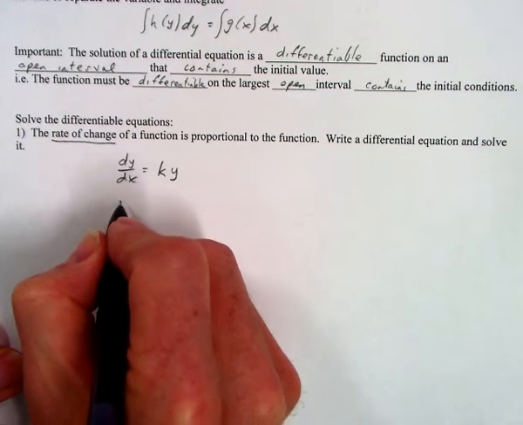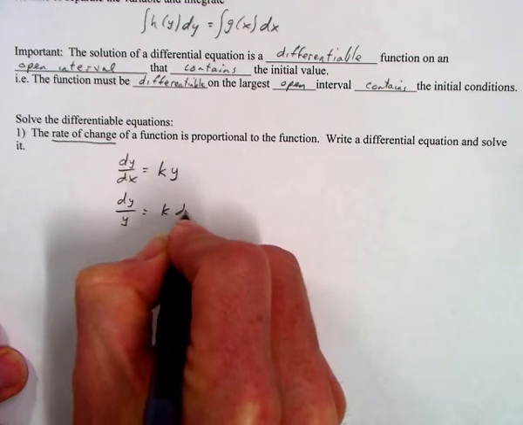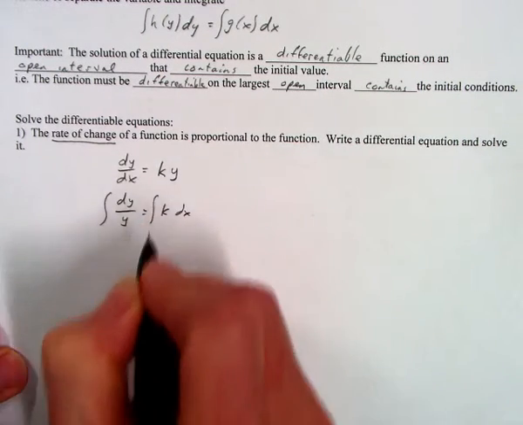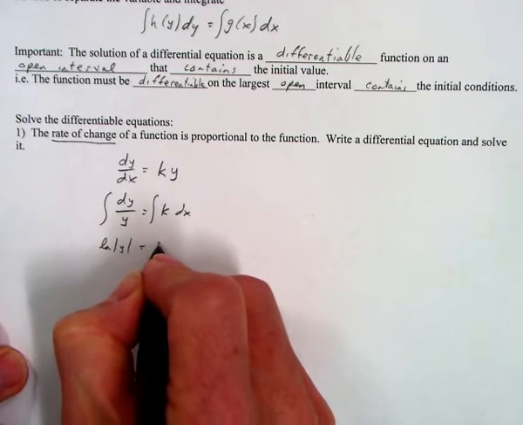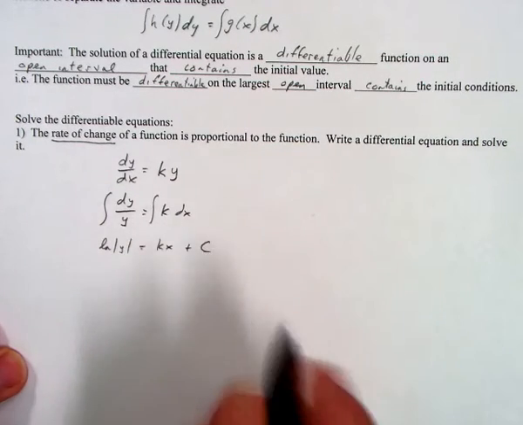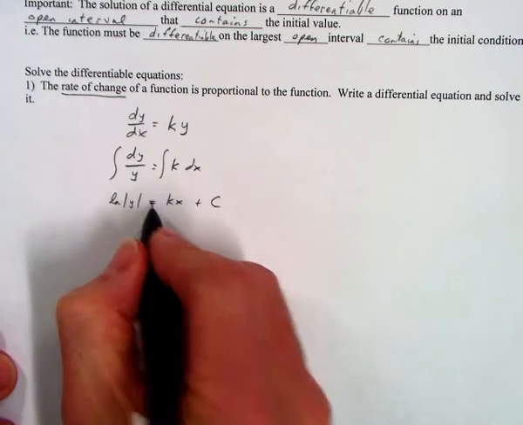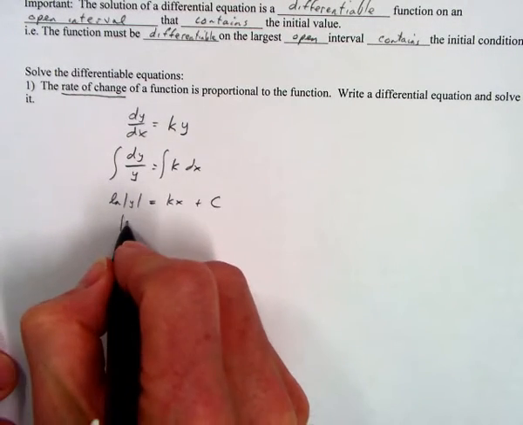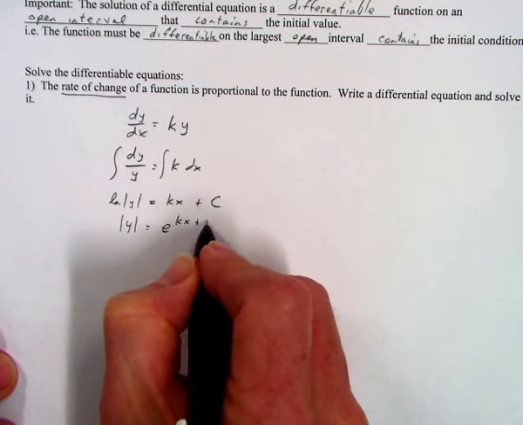So we'll move the y's to one side. We have dy over y equals k dx. Integrate. We have ln of the absolute value of y equals kx. You have a constant on both sides. We move it to one side and we'll just write c once. We get absolute value of y equals e to the kx plus c.